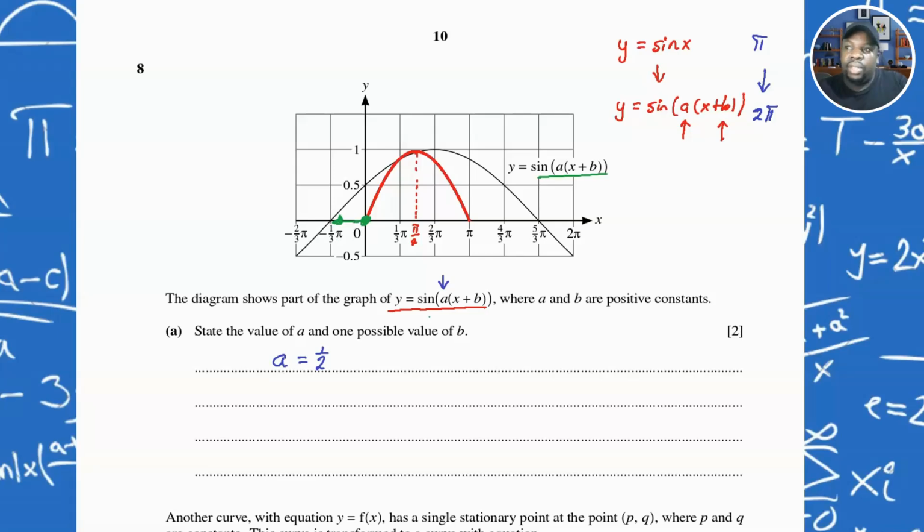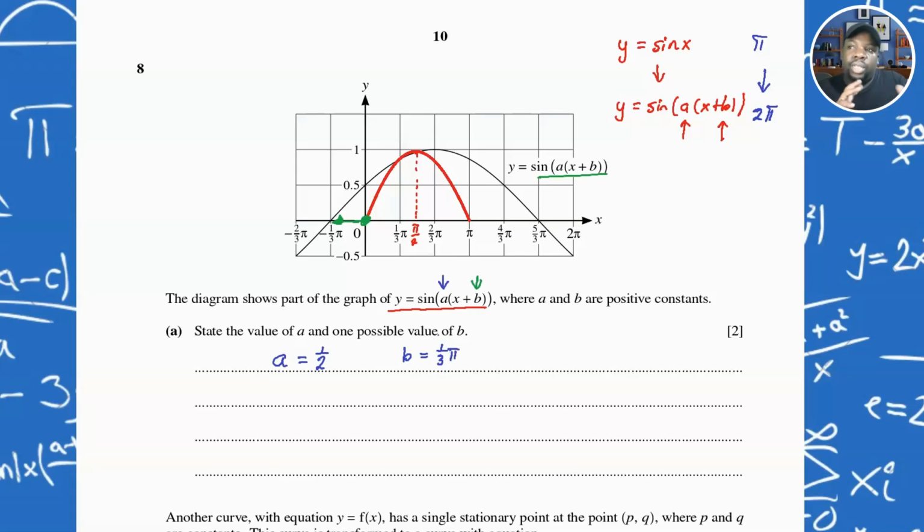All right, but inside the function, if it's in the negative, then we have to use a plus. So that actually means that for us, b is equal to positive a third pi.